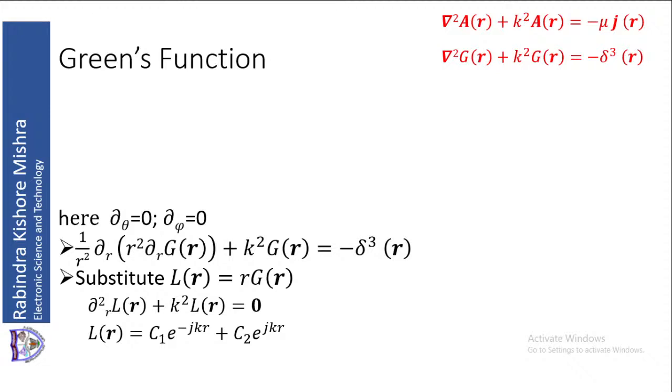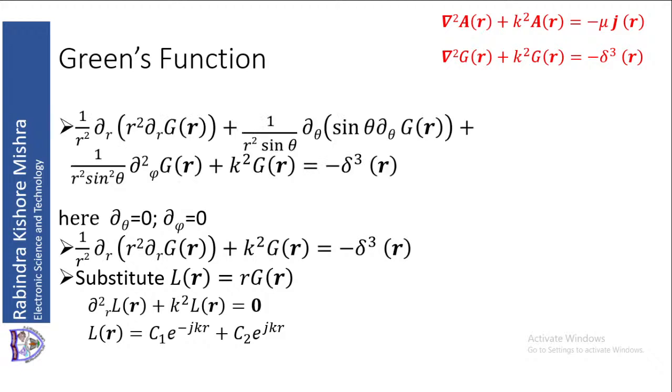Now on this del square, or the nabla operator, since we are using a source located at a point only, it will have a spherical symmetry. If it has spherical symmetry, then del square is easily represented in the spherical coordinate system.